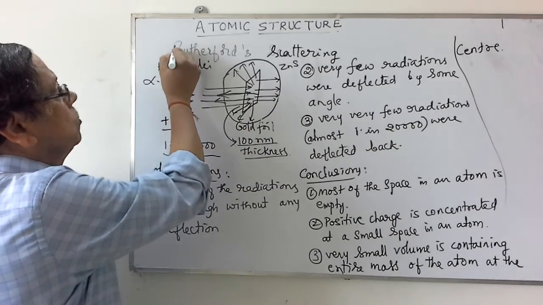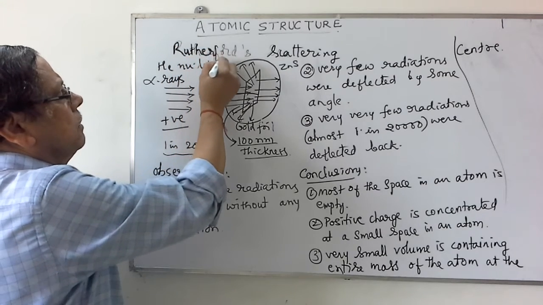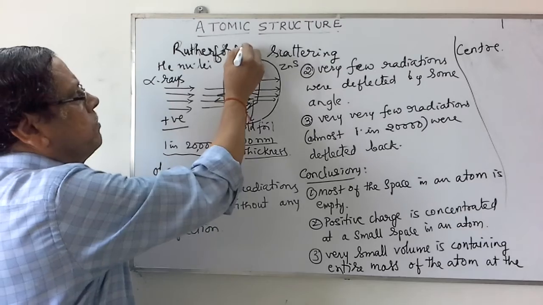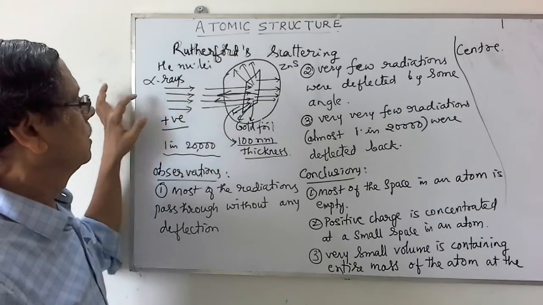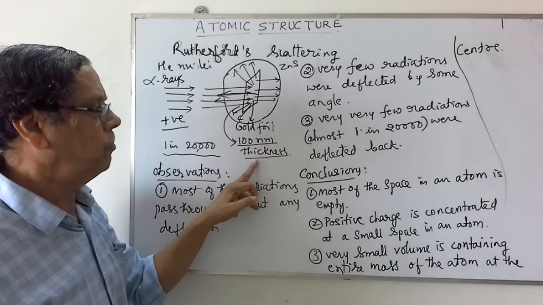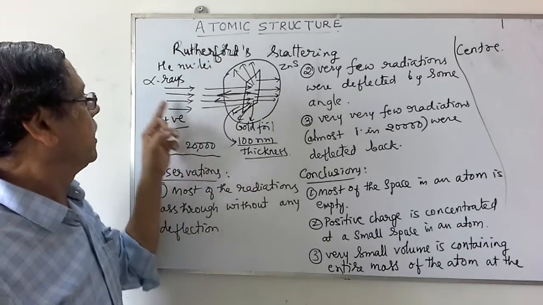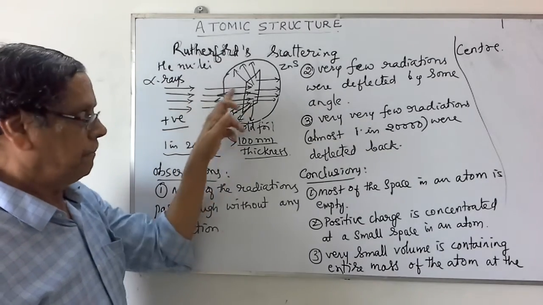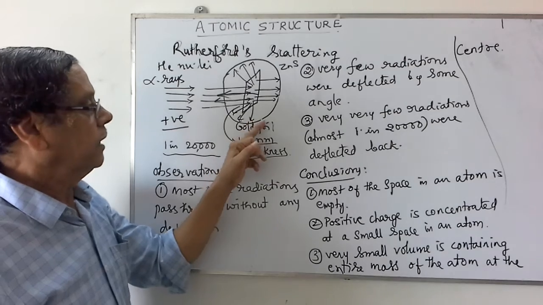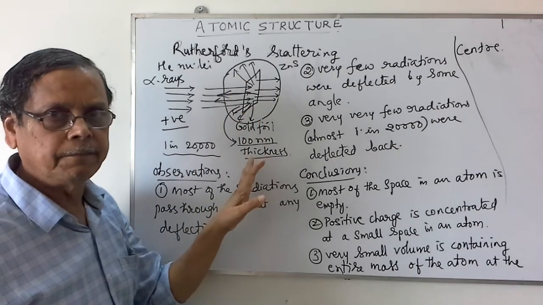experiment. So Rutherford and his students carried out the experiment called the alpha ray scattering experiment. They took a very thin foil of gold metal of about 100 nanometer thickness, and alpha rays from the radioactive source were passed over the gold foil, and this gold foil is surrounded by a circular zinc sulfide screen.